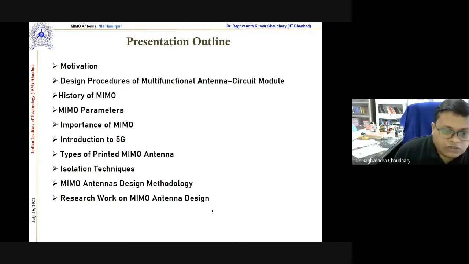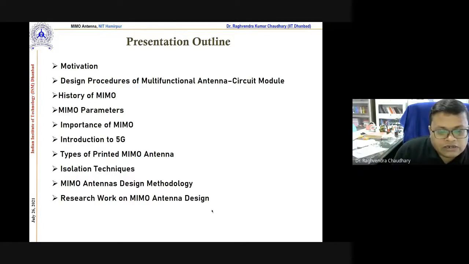We'll also see the types of printed MIMO antennas and what isolation techniques are available in the literature. I'll show you different techniques for improving the isolation.